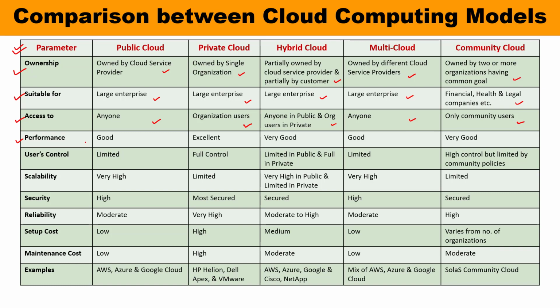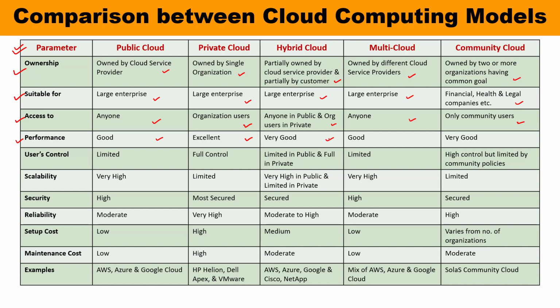Performance. Performance means how the data centers are being connected across the globe. When we are talking about the public cloud, the data centers are connected across the globe, so performance is good. But in the case of the private cloud, the data center is dedicated, so the performance is excellent.